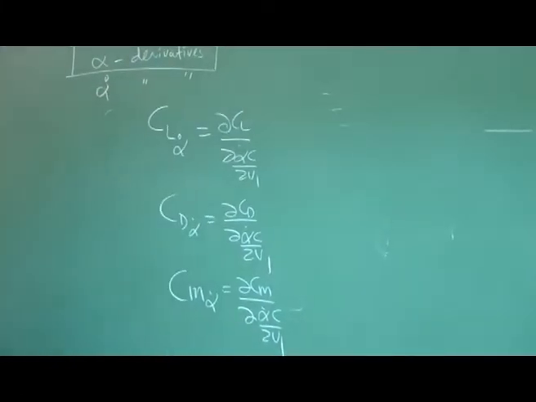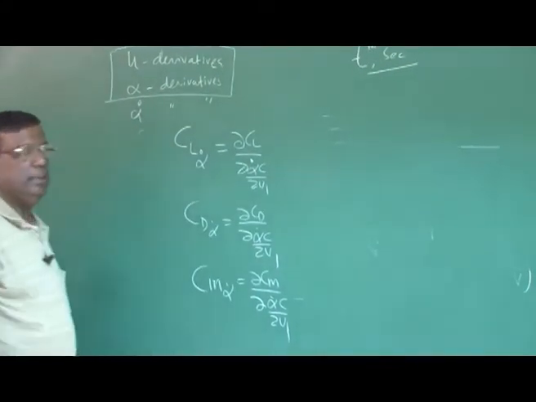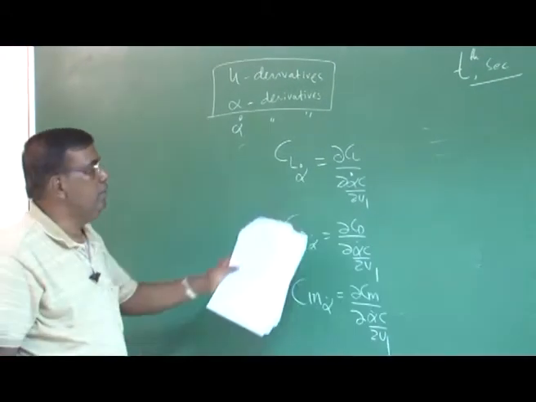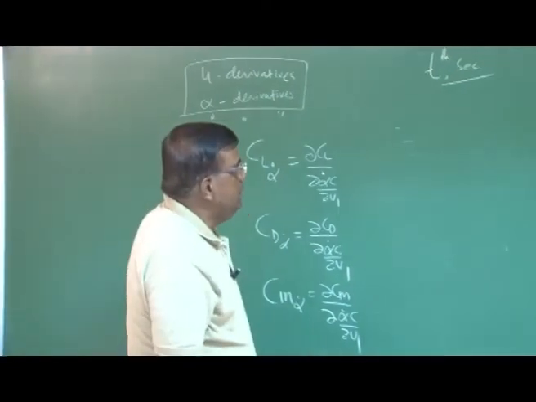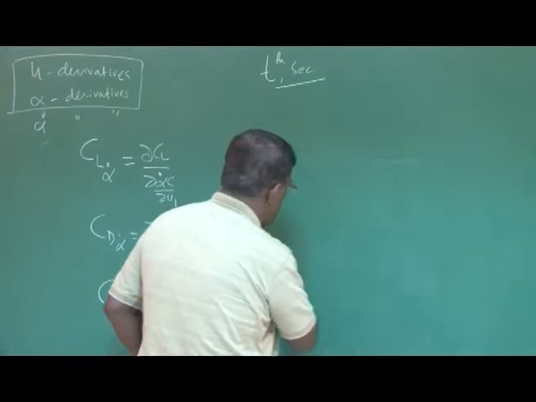By now, you know why we are putting alpha dot C by 2U1: because alpha dot has a dimension. We want to operate in a non-dimensional quantity. So, alpha dot C by 2U1 is a non-dimensional quantity. Right. With this understanding, let us see how we model it.